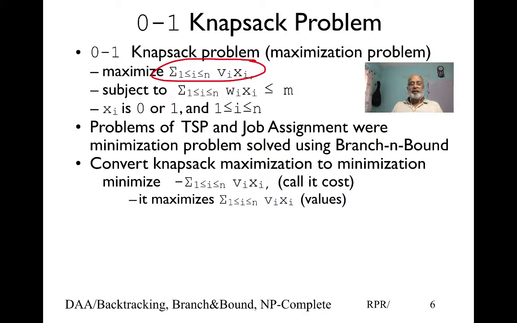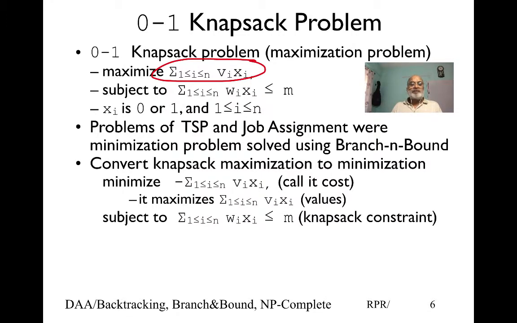Since we are looking in terms of cost rather than values, we call it a cost. If we take the V's as negative values, we convert the 0-1 knapsack problem to a cost minimization problem, and effectively if you can find the minimized cost, the corresponding value Vi would give us the maximum knapsack value.